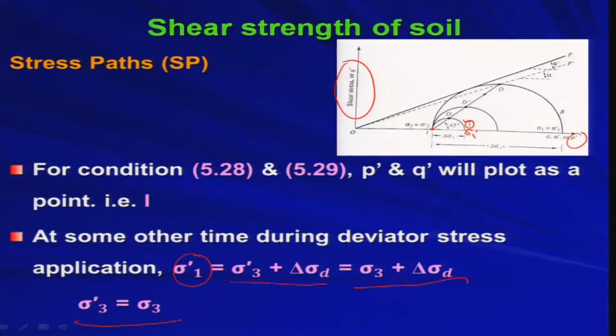You started the test from a point, and then you are increasing the deviator stress, therefore your sigma 1 is increasing, and that is why you get the failure. Now, you are going up to failure, or at any stage, not necessarily up to failure, your sigma 1 prime will be obtained by this expression, sigma 3 plus delta sigma d, and sigma 3 of course will be there. So, Mohr circle A represents that state of stress, agreed.